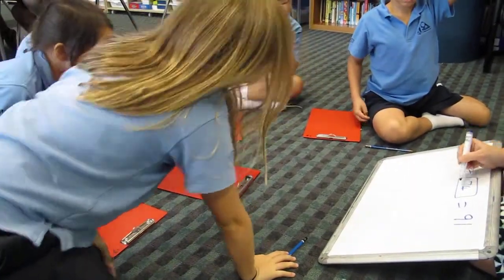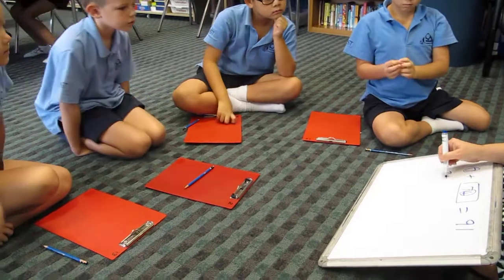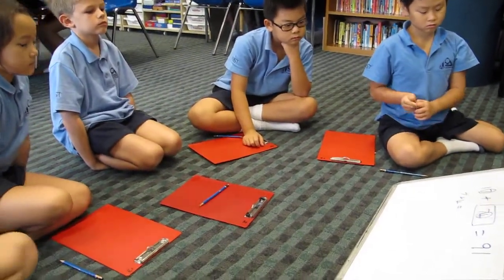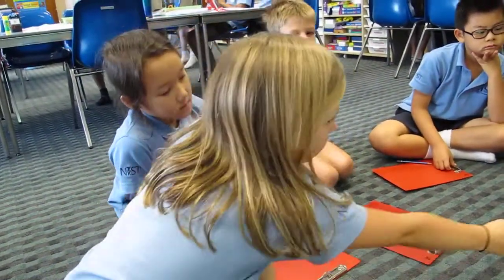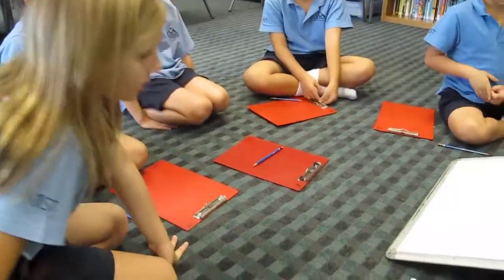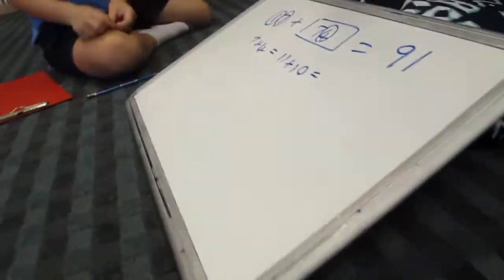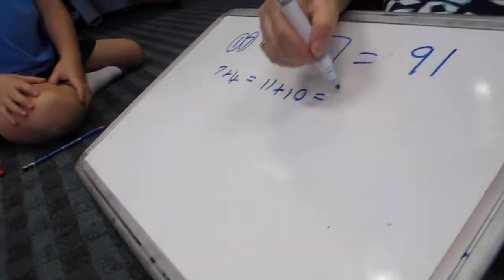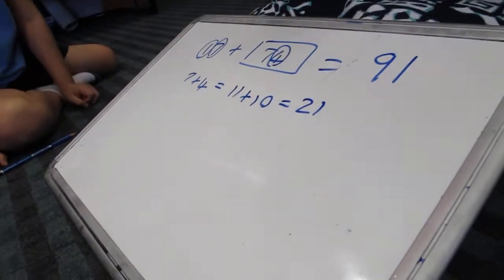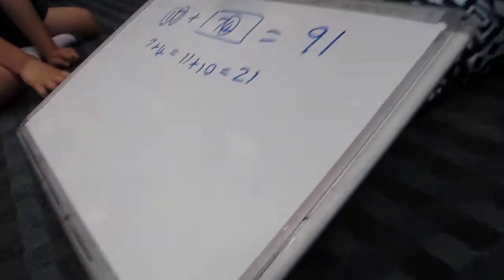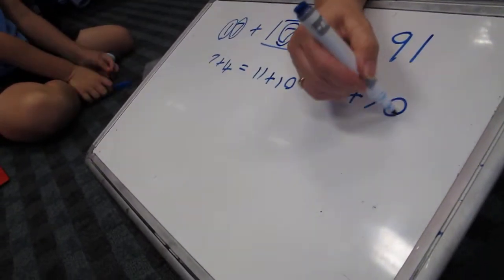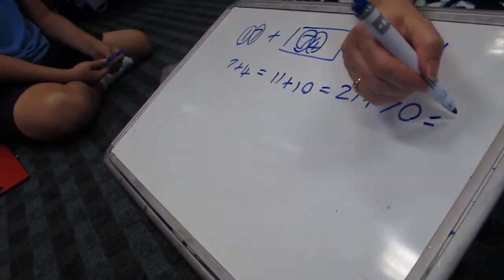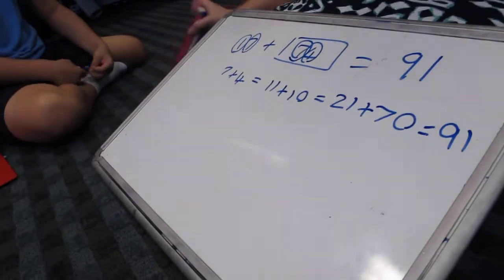Yeah, and then it would equal 11, and then you would add the 10 again, then it would be 21. And what do you still need to add? And then you add the 70, which makes 91. Okay.